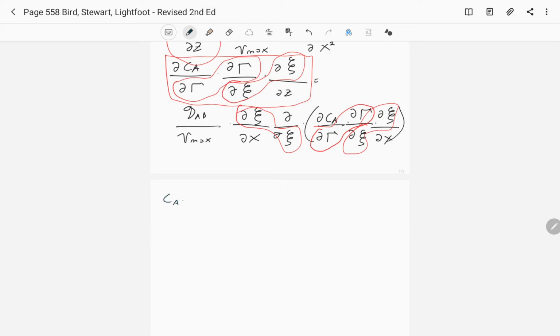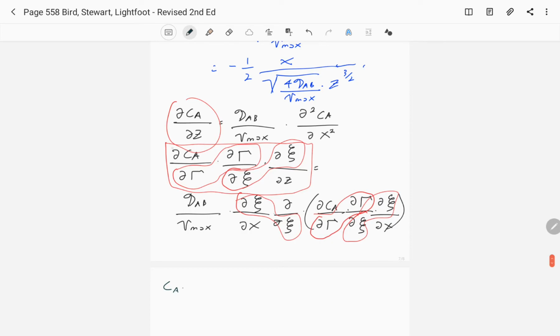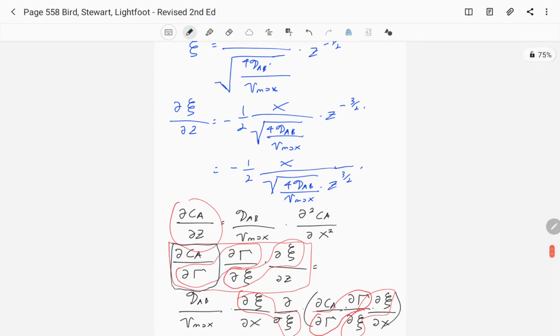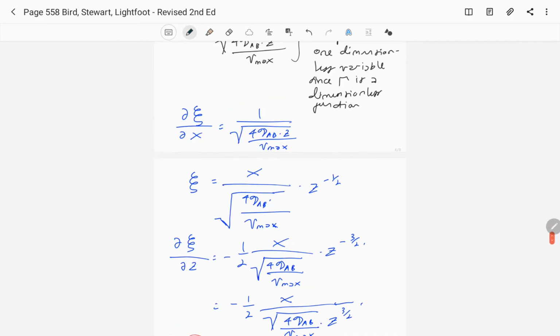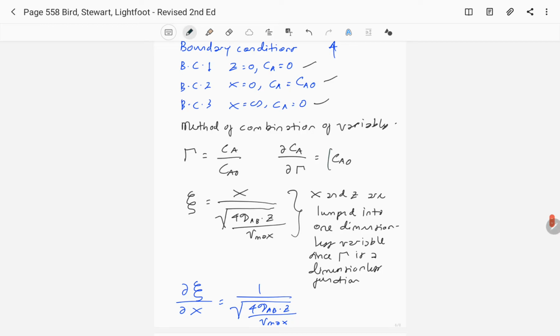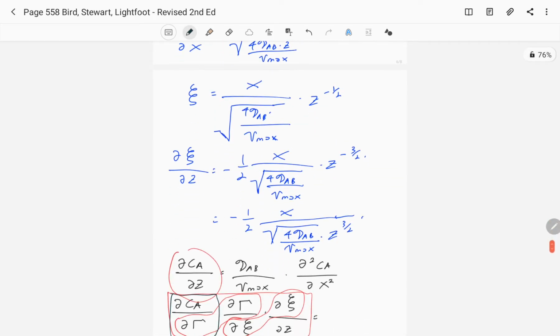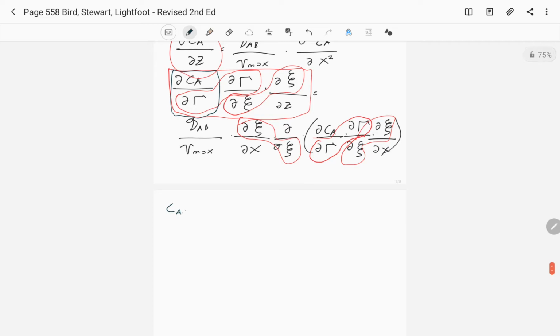And then this particular term in here is coming from your del Ca, this one Ca naught, multiplied by this minus half x divided by 4 DAB Vmax z.